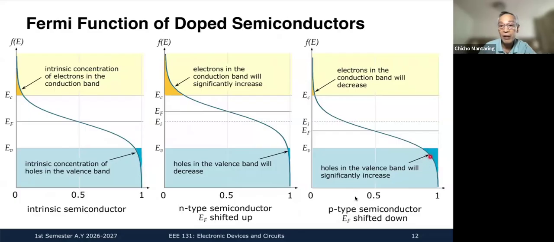So this is now my majority carriers and this is now my minority carriers. No? So I'm just showing you from a probability standpoint how we end up with more electrons than holes in an n-type and how we end up with more holes than electrons in a p-type. And this is all explained through the Fermi function.